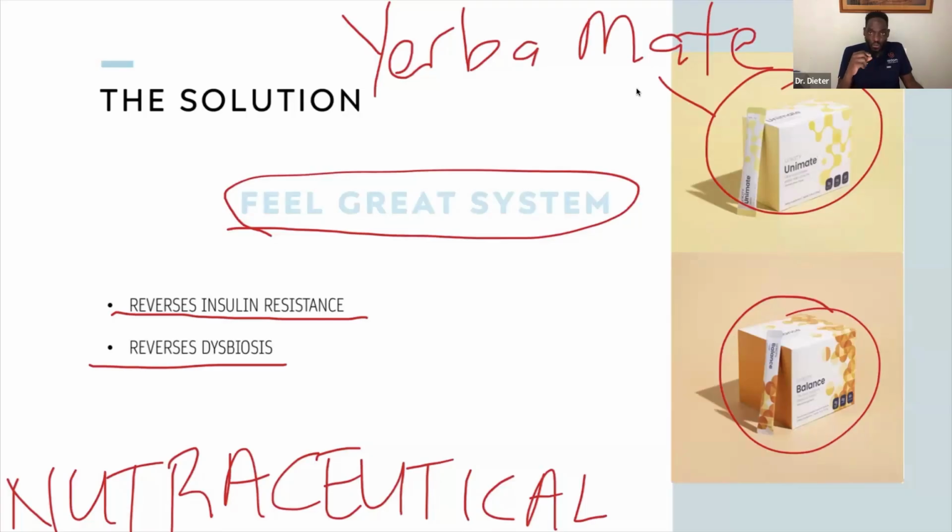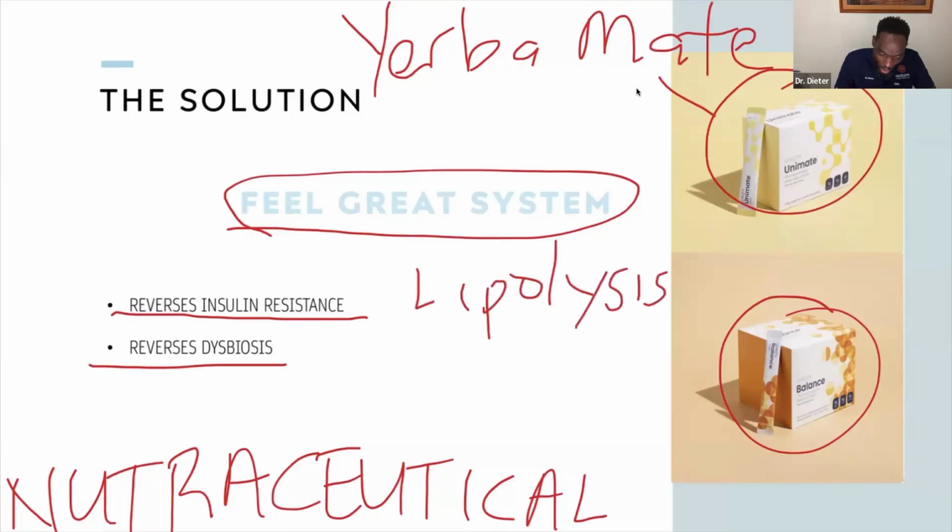What is important about chlorogenic acid is that it helps in lipolysis. Lipolysis is a fancy medical term for fat burning. So this plays a huge role in helping to reverse insulin resistance.